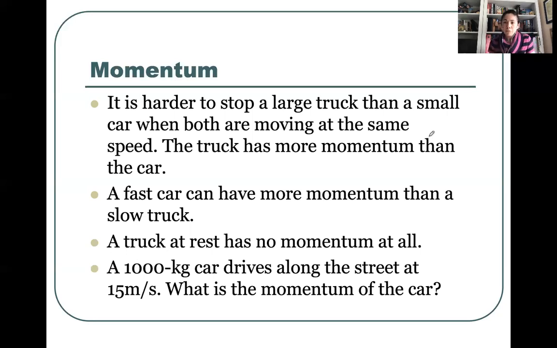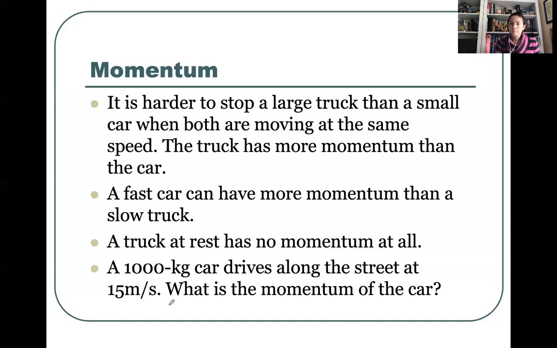So really quick, to practice doing a quick calculation using the definition, let's take a look at a 1,000-kilogram car driving along a street at 15 meters per second. What is going to be the momentum of the car? So I would encourage you to stop the video and try to figure out what that momentum is going to be. And then I'm going to go over the solution with you.